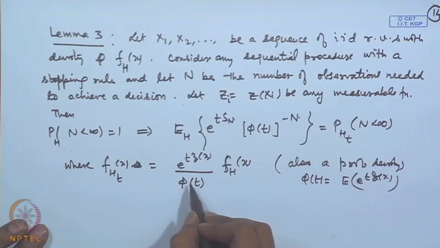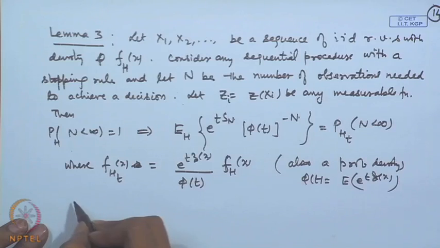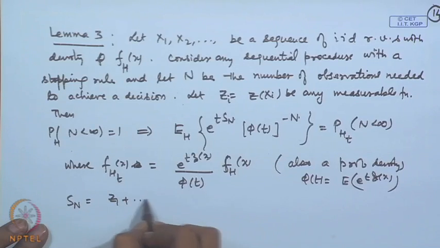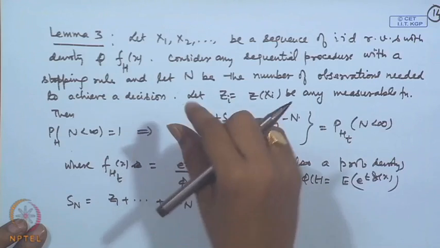Phi t is the density function, the characteristic, the moment generating function of the random variable z here, and this S n is nothing but z 1 plus z 2 plus z n. I will be skipping the proof of this actually. I have mentioned that these details can be found in the book of Rao in 1973, and I have already given the proofs of the earlier theorem.